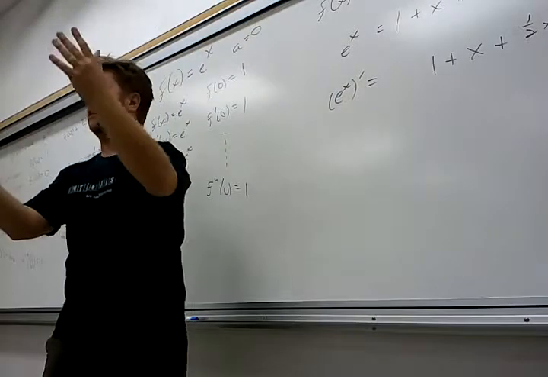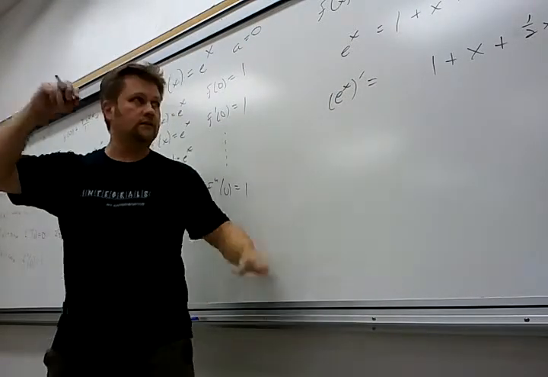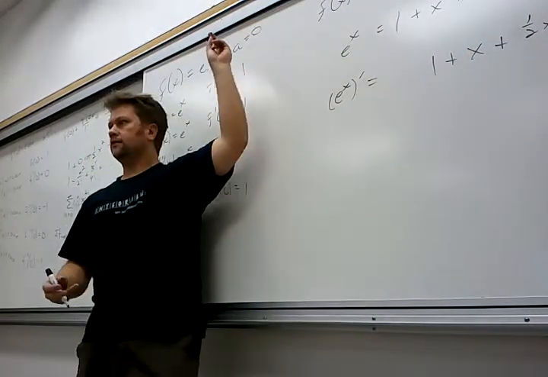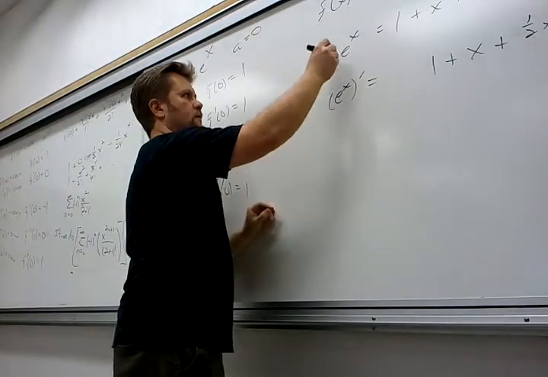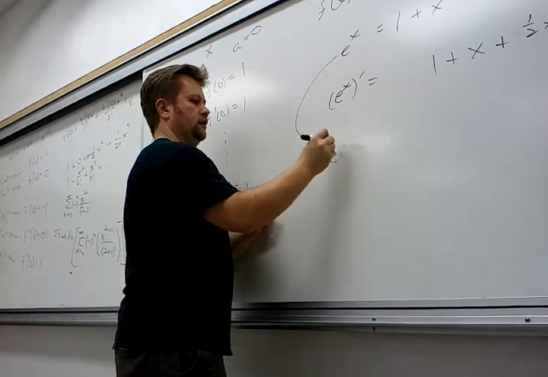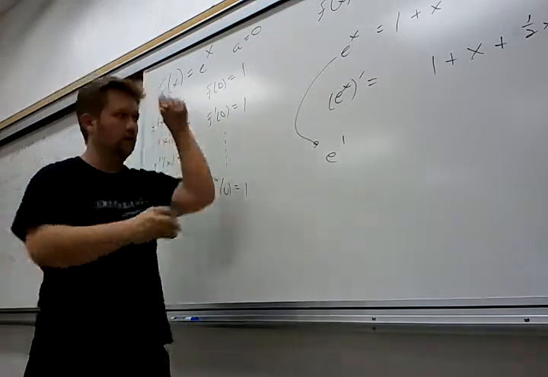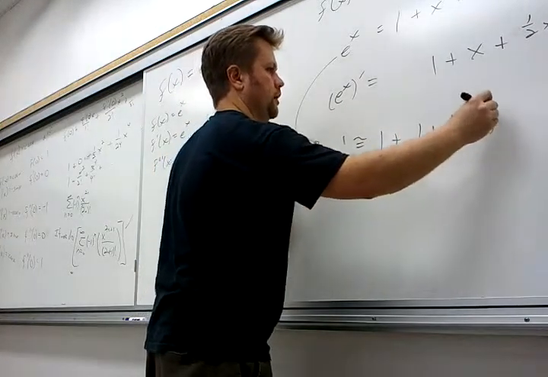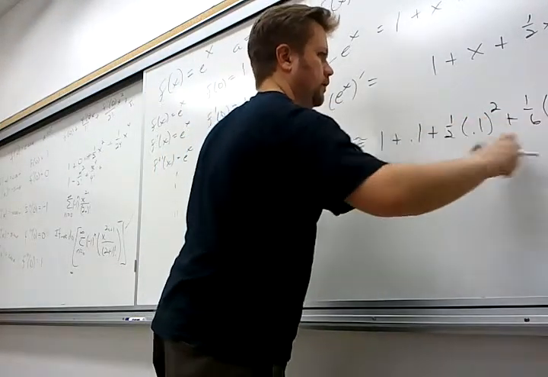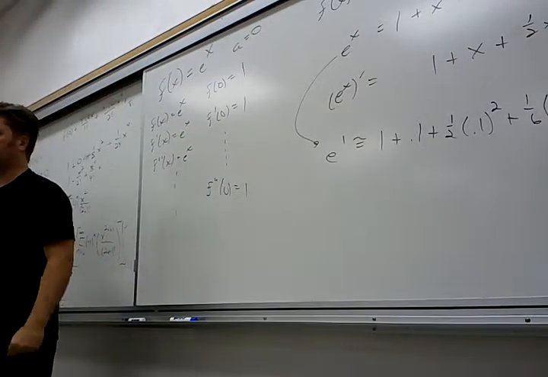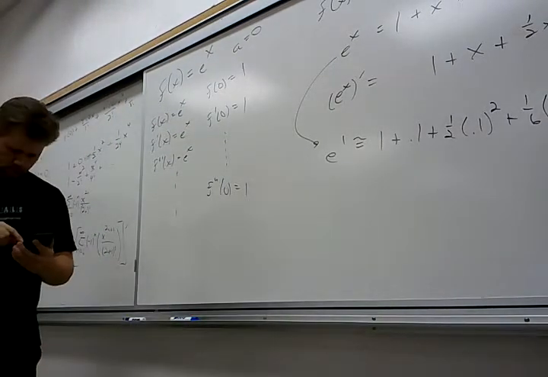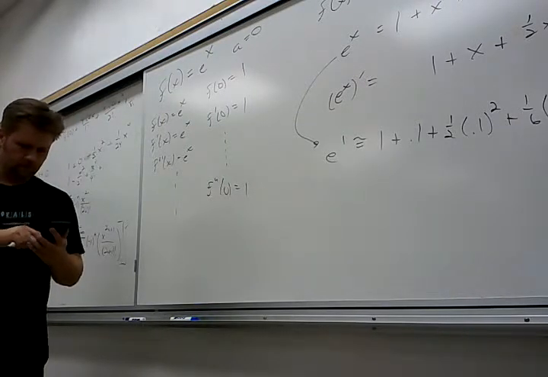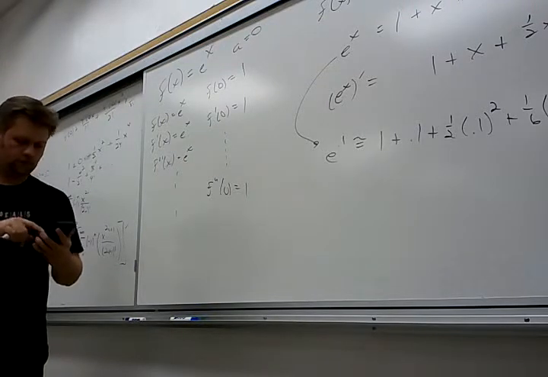But now what would this work for? We could do the same kind of thing. This should work for x values close to 0, if I stop somewhere, because that's how I built this. So let's try e to the 0.1. That should be roughly equal to 1 plus 0.1 plus 1/2 0.1 squared, 1/6 0.1 cubed. Let's see how close that gets, going out that far.